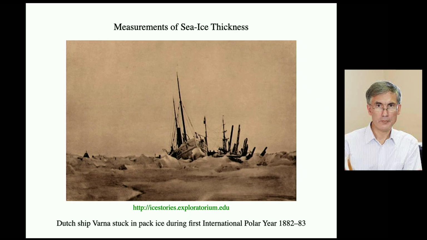Okay, so let's get into sea ice, and we'll go back into the 19th century. First polar year, 1882 to 1883, organized by someone called Carl Weyprecht, who organized the thing, I think, through the auspices of the Austrian Academy of Sciences. And they got stuck in the ice for 2 years, actually. So the polar year turned into polar 2 years.